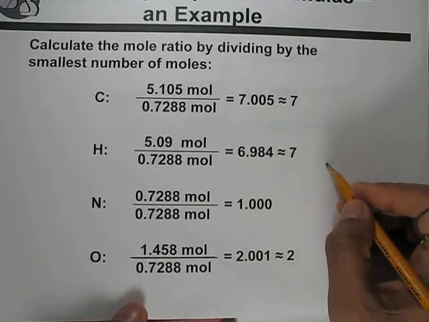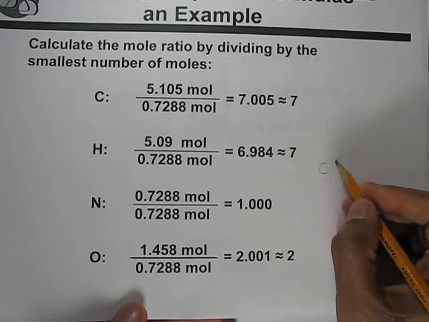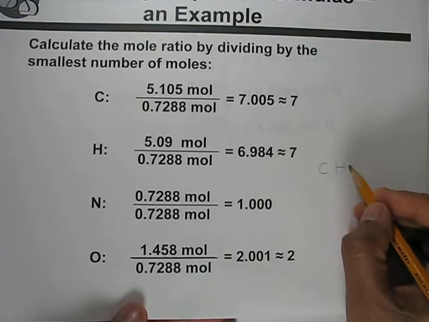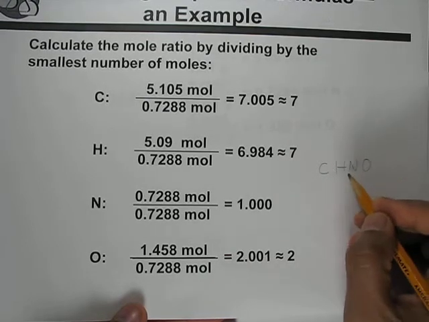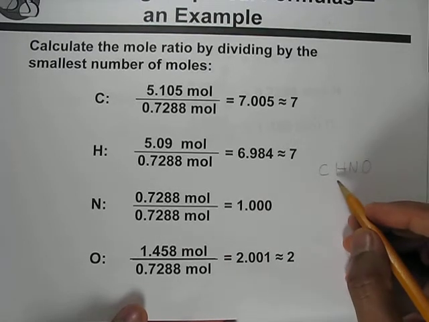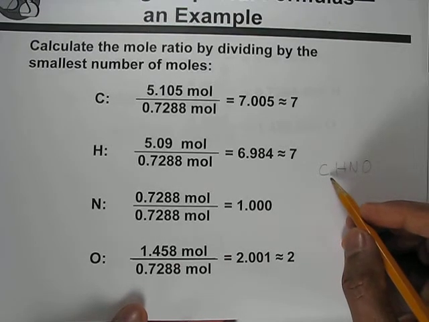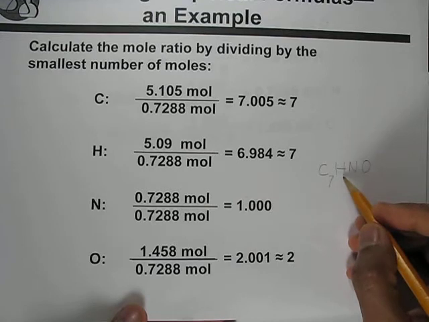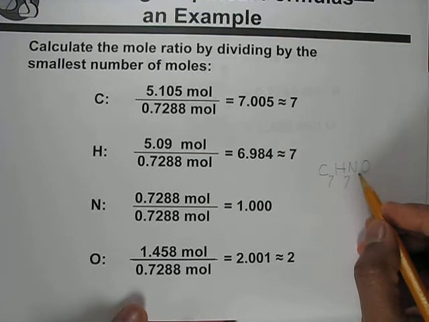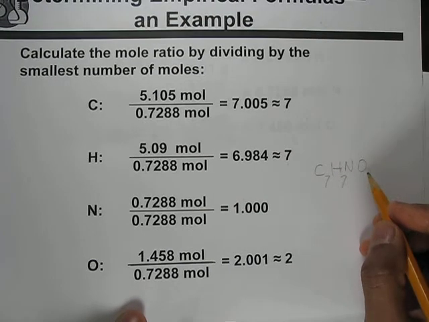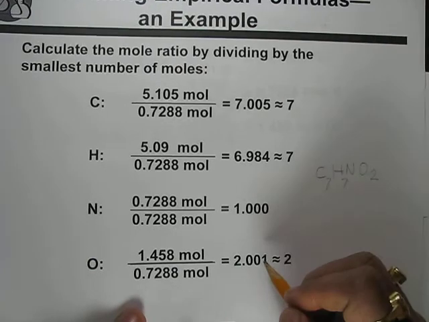So now we can figure out what to write as the subscript in the formula. Carbon would be 7, hydrogen would be 7, nitrogen would be 1, so we don't write 1, and then oxygen will be 2.